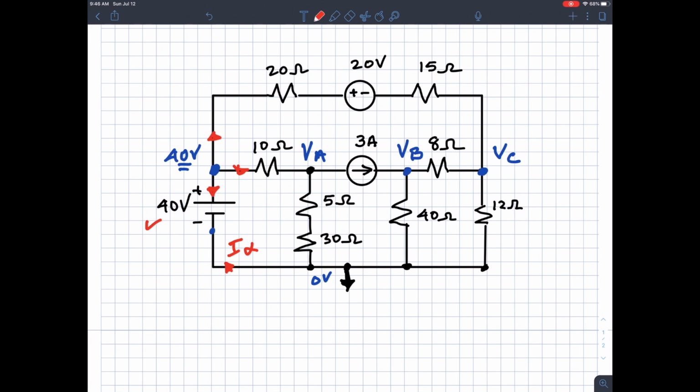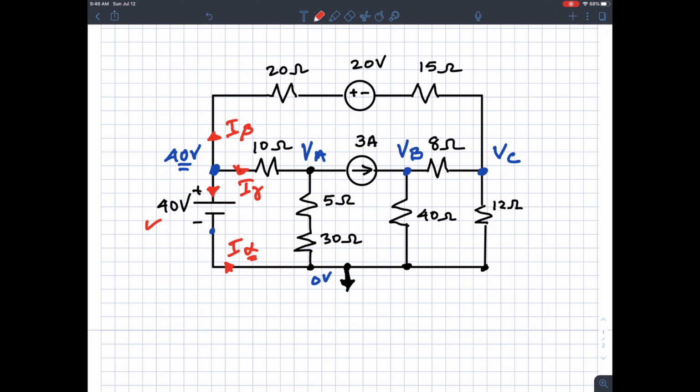I could find I alpha eventually if I know I beta and I gamma, but without a resistor in that branch, it makes it harder to apply KCL at that particular node.